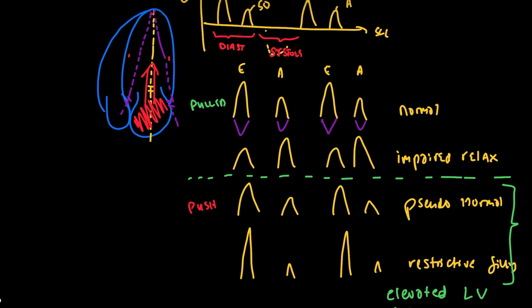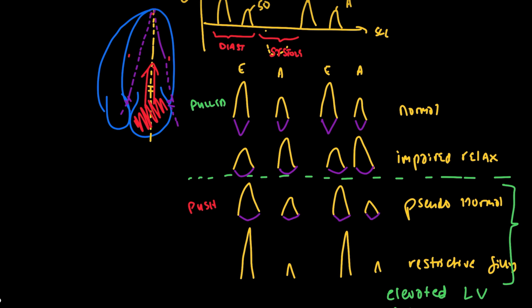And what do we say on tissue Doppler? We said that for any type of diastolic dysfunction, whether it's impaired relaxation, pseudonormal, or restrictive filling, your E prime will go down. And so I'm going to exaggerate this a little bit, but we'll have a smaller E prime, smaller A prime, small E, small A. And similarly, for this pseudonormal pattern, we'll have a small E prime, small A prime.